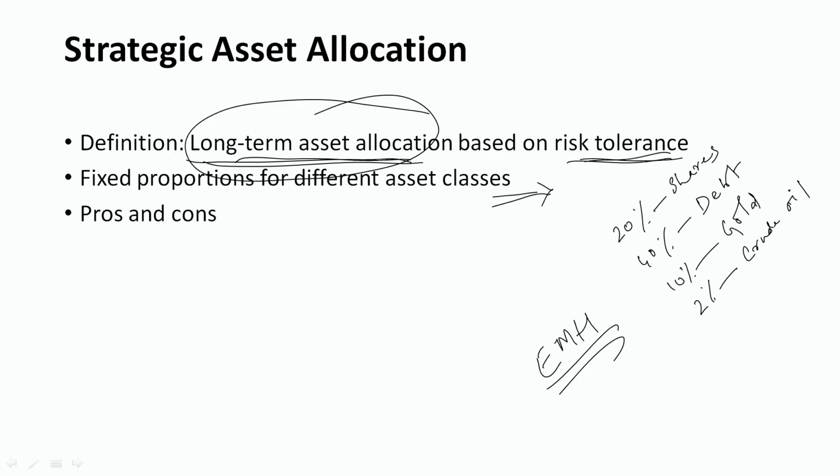Like that I can divide, and the remaining 18% in different categories based upon my risk tolerance level.